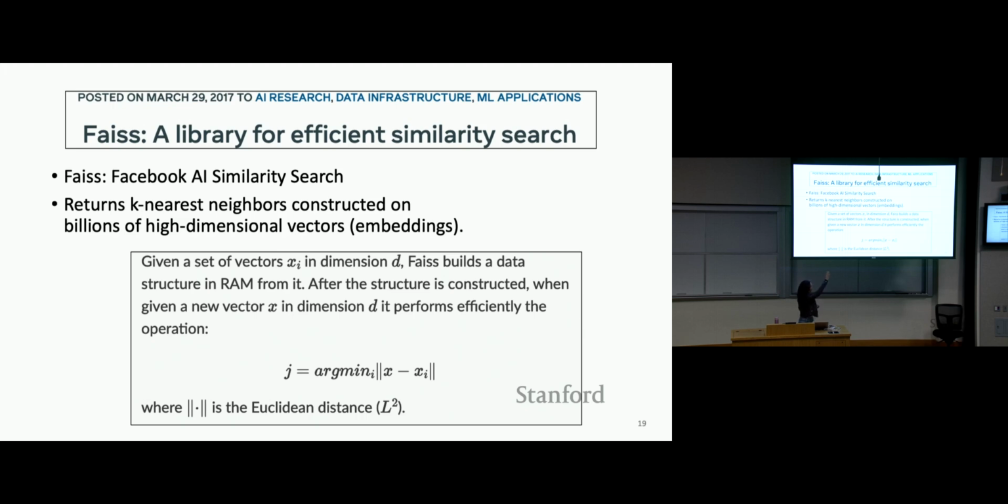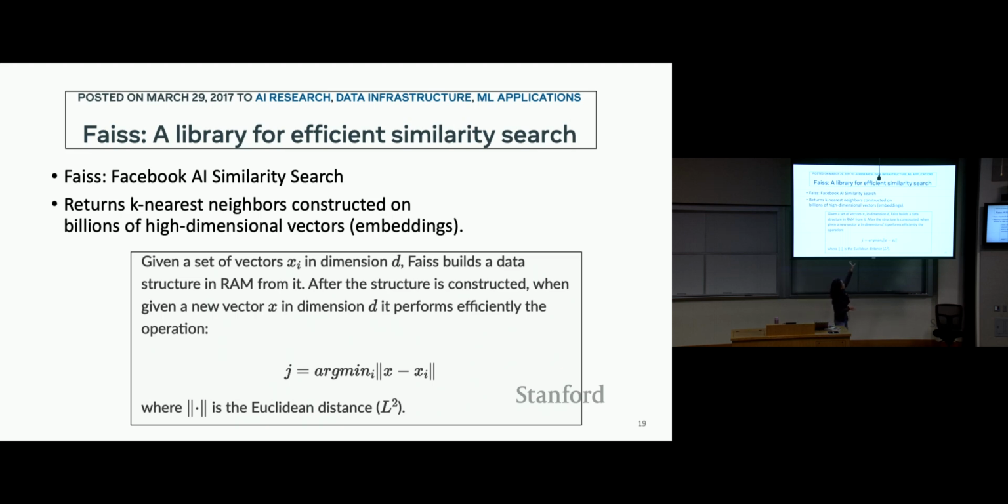The whole thing does not fit in memory. But FAISS is optimizing it by building a structure in RAM, and then if you give me a new vector, it will find you the closest k vectors. And what do you mean by closest?